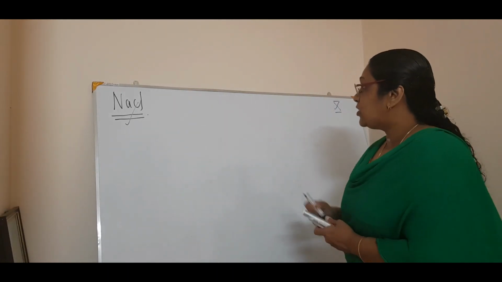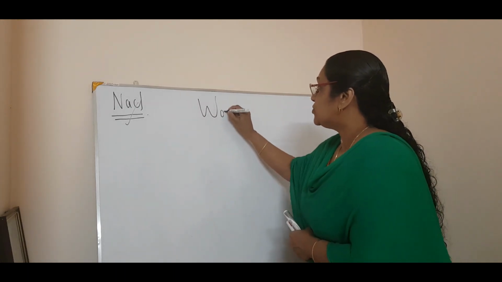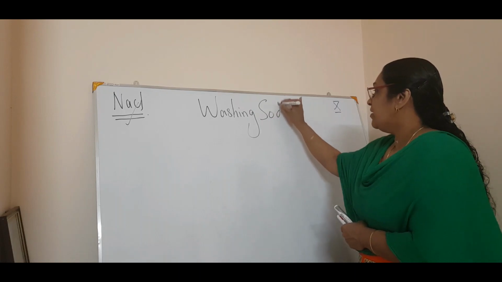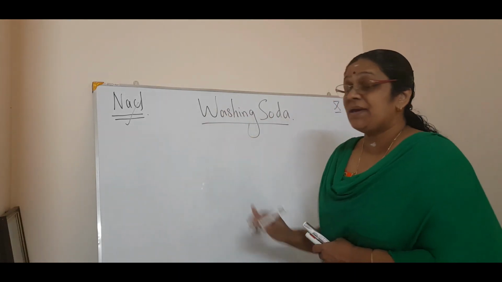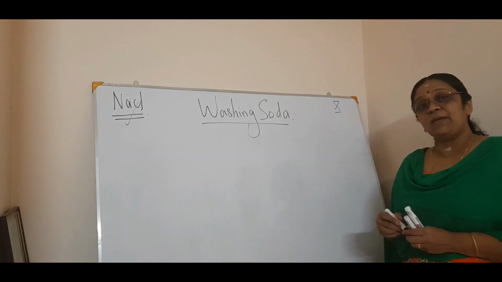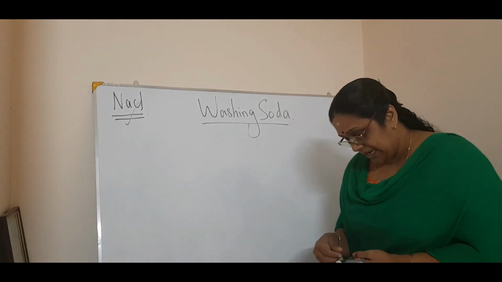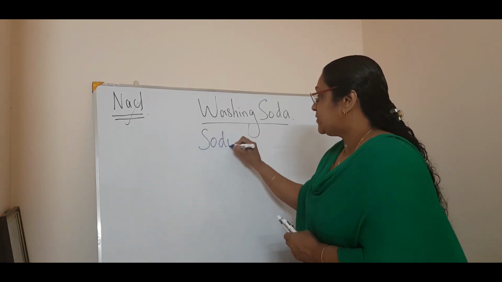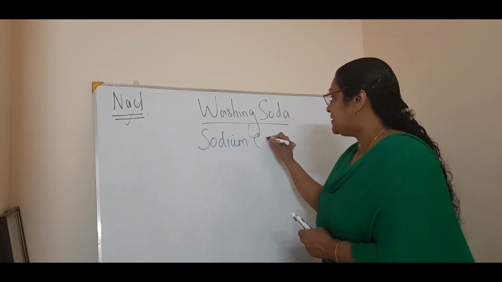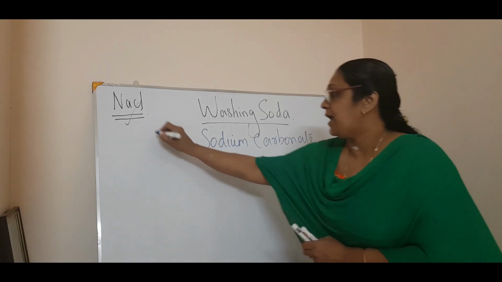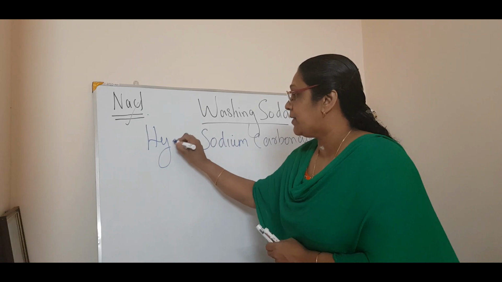Now washing soda is the common name. What is the chemical name of washing soda? Chemical name of washing soda is sodium carbonate, or you can say hydrated sodium carbonate.